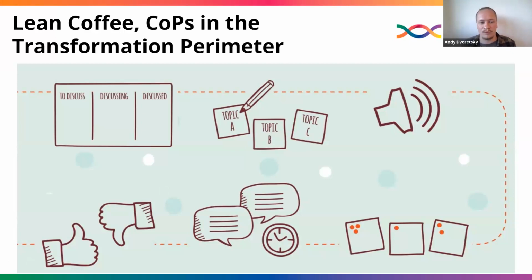So we try to create a safe environment for awareness and information sharing with a set of communities of practice in the perimeter of transformation, and events such as Link Office, which is a structured discussion without a predefined agenda, where everyone in the perimeter of the transformation can safely share their concerns, ask their questions about what's happening, and receive their answers. This is also an important key to success.